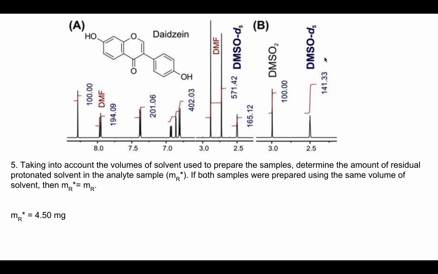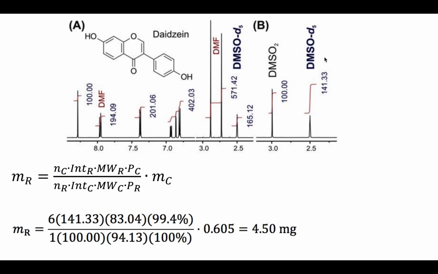So step number 5 says, taking into account the volumes of solvent used to prepare the samples, determine the amount of residual protonated solvent in the analyte sample. If both samples were prepared using the same volume of solvent, then M sub R star is equal to M sub R. So remember that we calculated our mass of the residual solvent to be 4.50 milligrams.